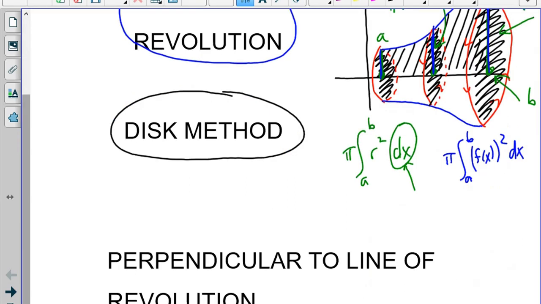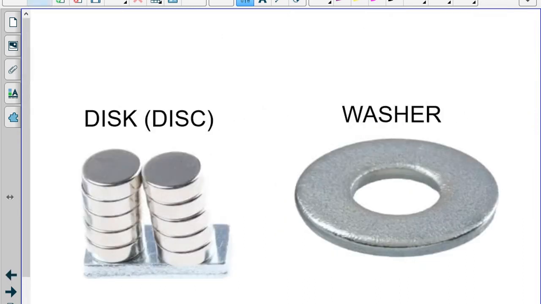The disk method, once again, is what you use when we have cross sections that are perpendicular to the line of rotation. There are two different things that happen with these types of problems where we will use perpendicular cross sections that are circles. They are disks, and that's like the problem that we just did.